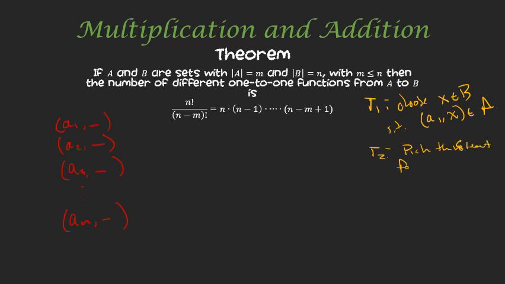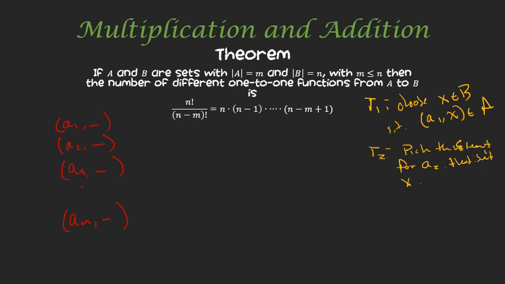So how is this any different? Well, we have to be careful when we pick the element for A2. Remember, we want this to be a one-to-one function. And so pick the element for A2 that isn't x, that isn't the one we used for the first one. This will ensure that we don't double up on any, right? We don't want to hit the same element in B twice.